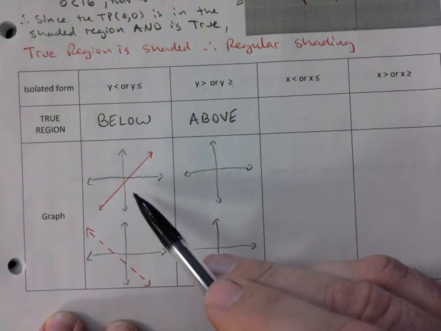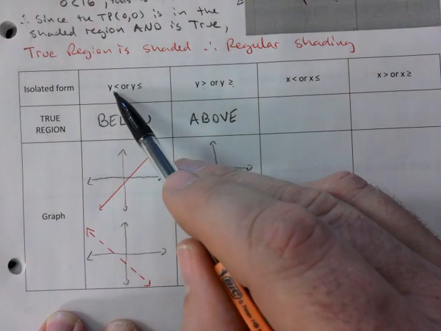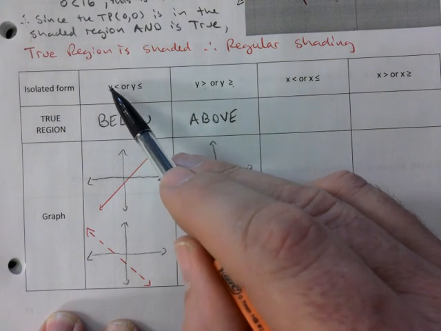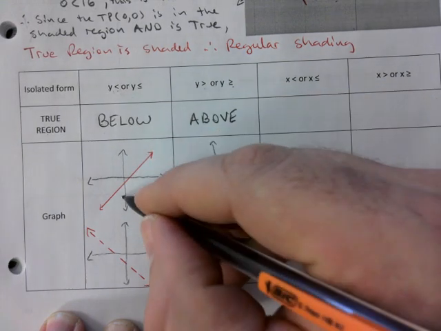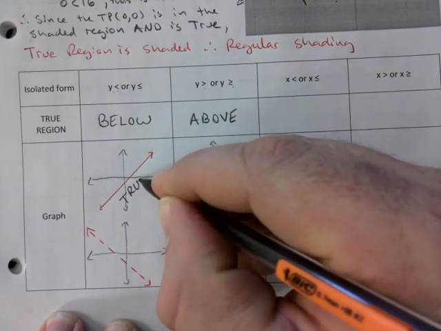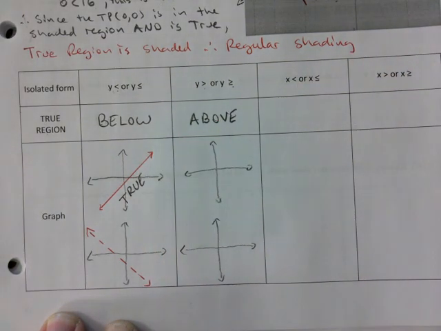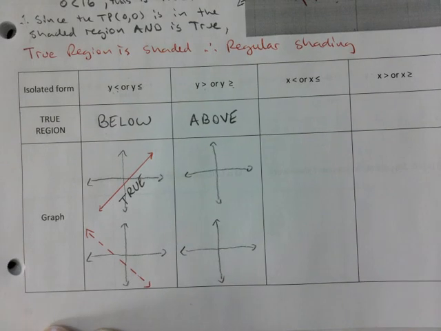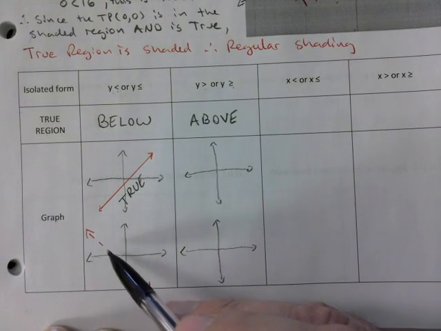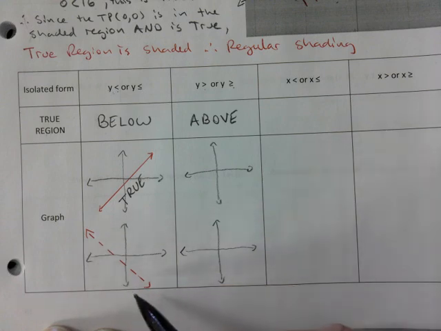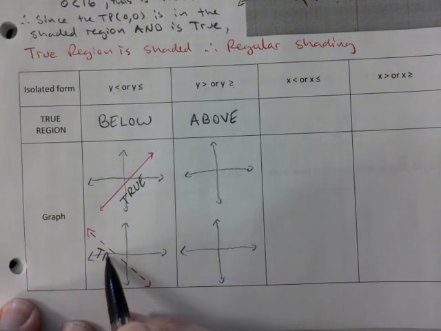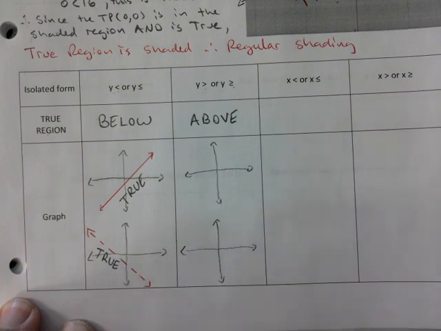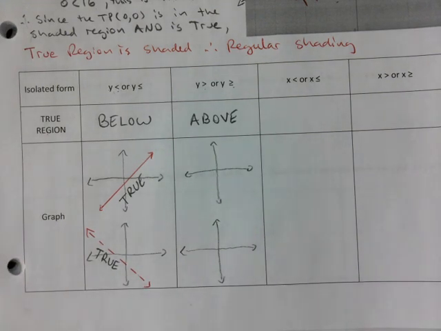You graph your line and you notice that when you isolate that y is less than is what you end up with. So the true region is right here, true. Okay. Or you graph your line and it's going down, it has a negative slope. Your true region is below the line, right? So it doesn't matter if it's going up or down, there is a below and there is an above, okay?